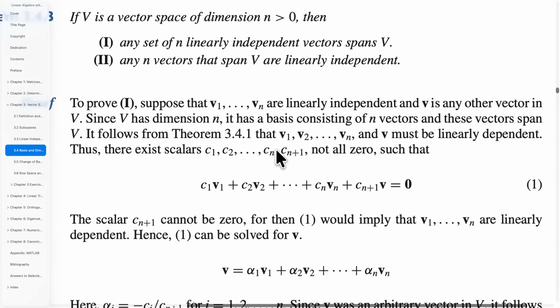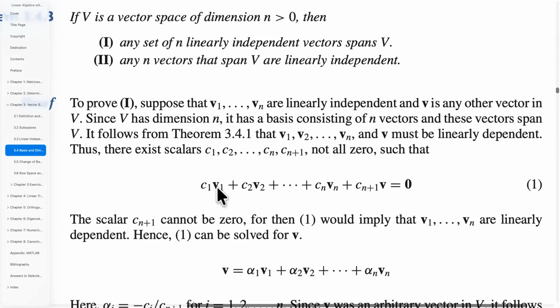The previous theorem told us that if we already have a spanning set of n vectors, any other set with more than n vectors cannot be independent.